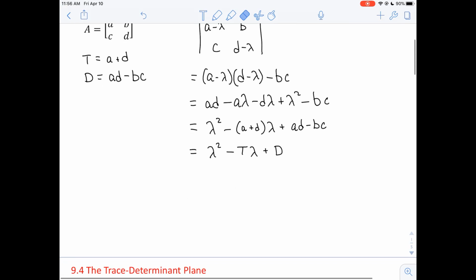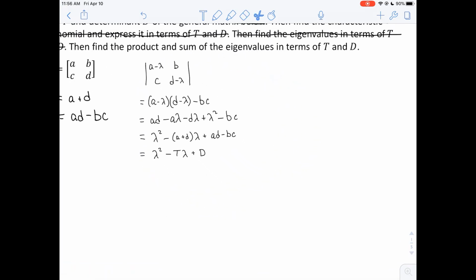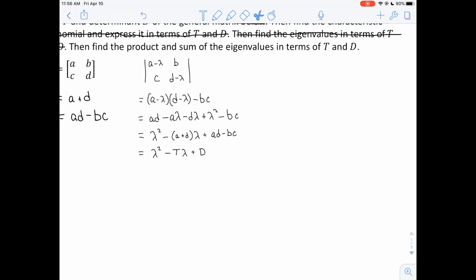Let's do that work. Let's change the size of this and do some work over here. So we're going to solve this equation: 0 is equal to lambda squared minus the trace times lambda plus the determinant. And we'll use the quadratic formula.